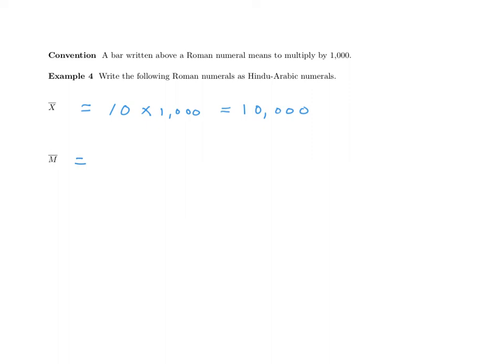For M with a bar over top of it, well, M itself means 1,000, and then we're going to multiply that by 1,000 as well. So this is a 1 followed by 6 zeros, which is 1,000,000. So even though there isn't a unique symbol for 1,000,000, there is still a concise way to write it within Roman numerals.